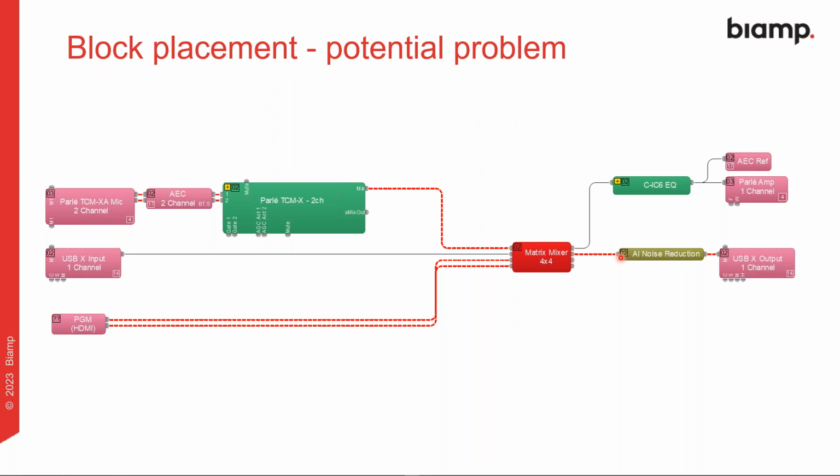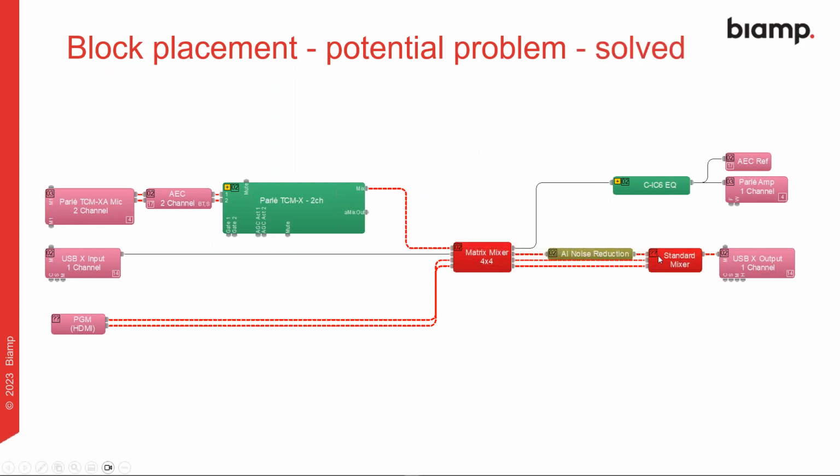If you route it through the AI noise reduction, it doesn't know. It's going to act on that as well, and it's just going to try and separate speech from anything else there. So if you route music, it's going to do its best to remove all of the instrumentation and preserve the speech with limited results. The fix is easy. There's loads of ways you could fix this actually, but here is an obvious one. You just route the microphone signal separately from the program material to the output.